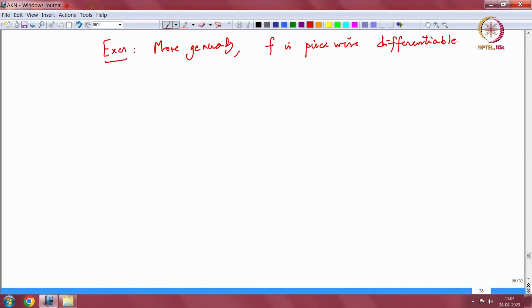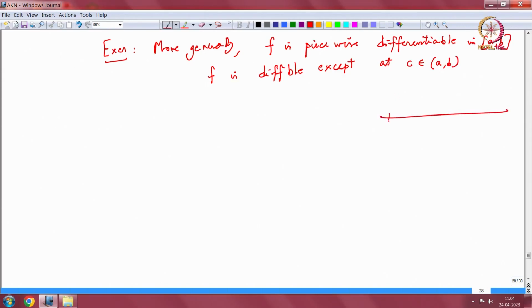So, as a simple case, f is differentiable except at one point. f is differentiable except at C belonging to (A, B). This is what I am taking, one point.